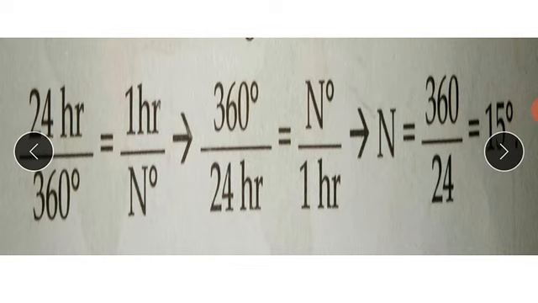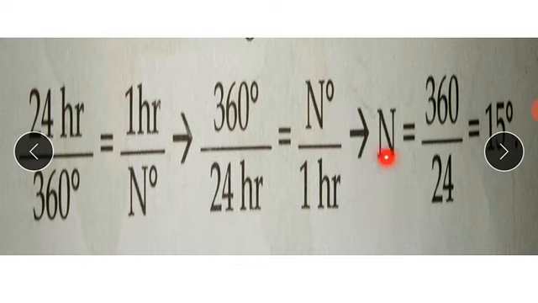So we can get that 15 degrees longitude since in one day there are 24 hours, and in one rotation 360 degrees. Of course, 1 hour, and we are looking for this one, okay? The degree. So if we're going to write this, 360 divided by 24 hours is equal to n divided by 1 hour.